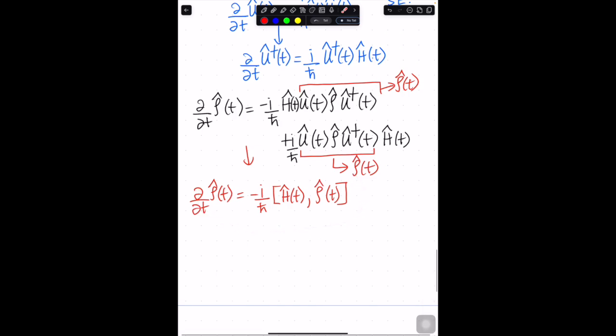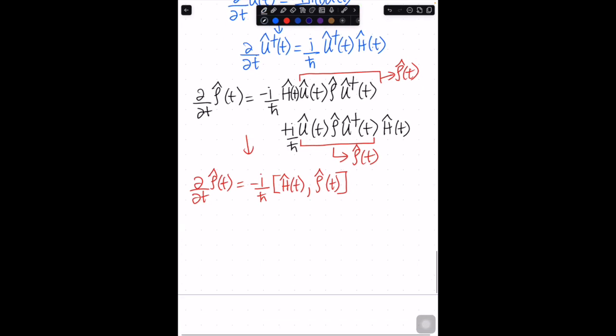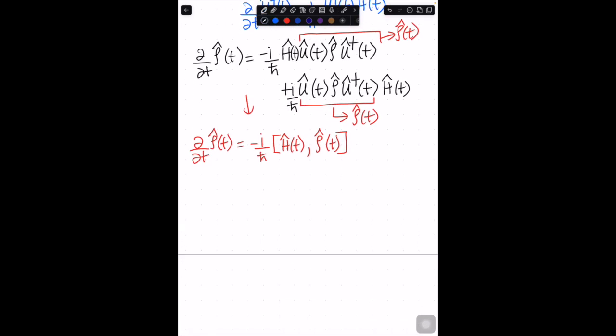So that is good. So now that you have proven the equation of motion for the density operator, we can go and look for analytical solutions for the density operator itself. Once you have an equation of motion, you can solve it to look for the density operator at any time t. So how would we do this?